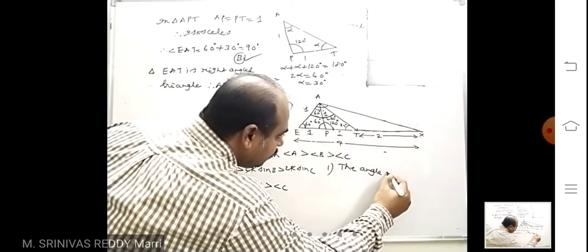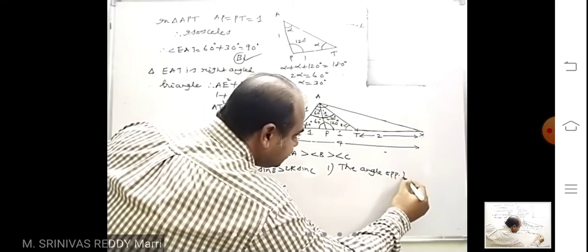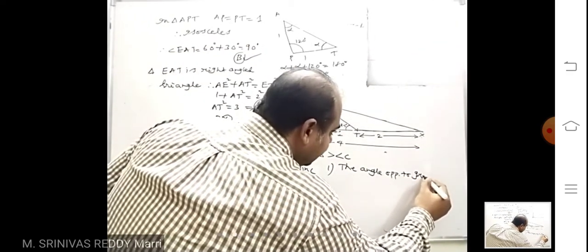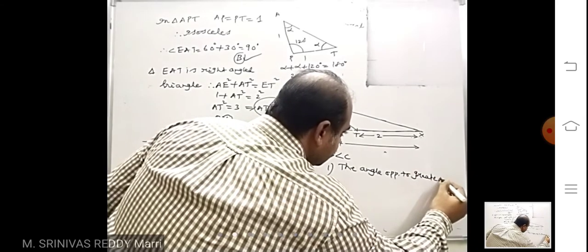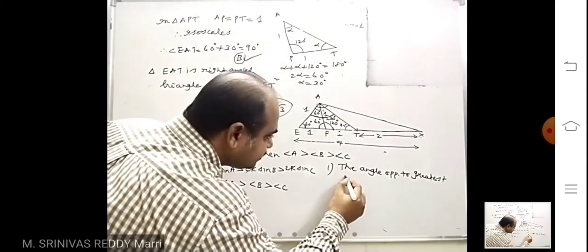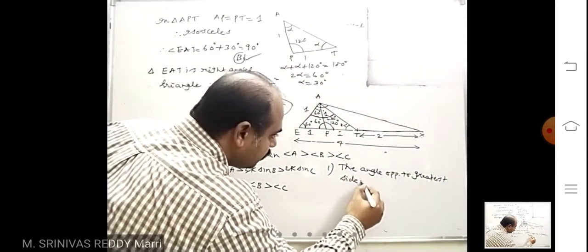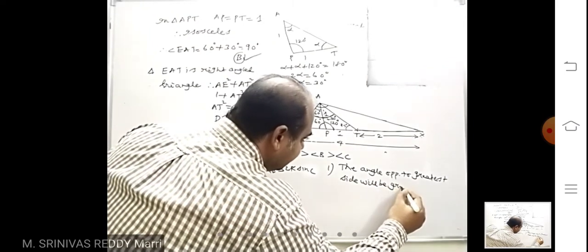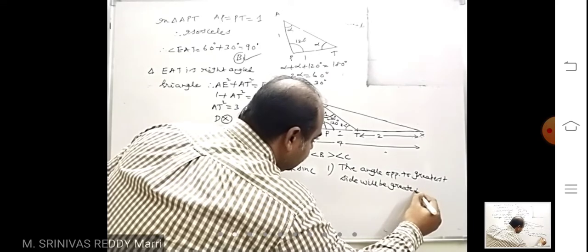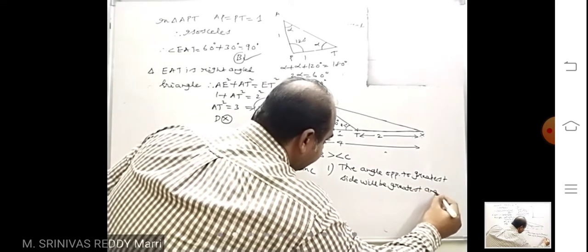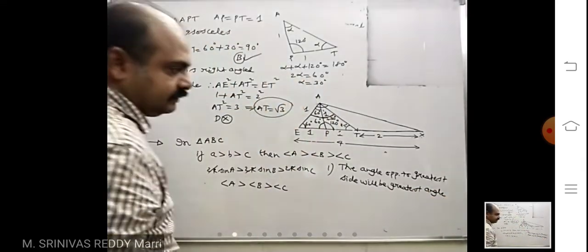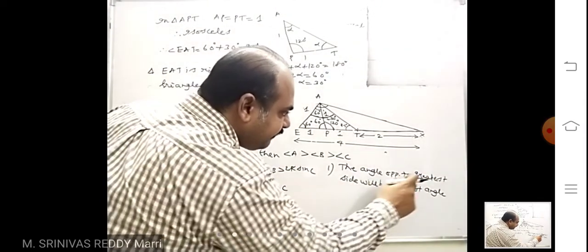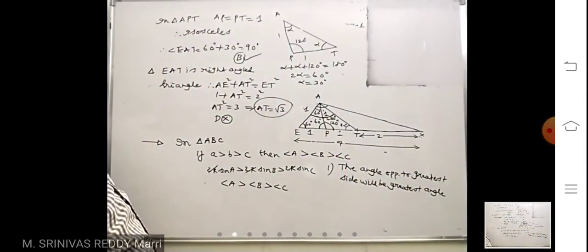The angle opposite to the greatest side will be the greatest angle. The angle opposite to the greatest side means whatever is having more length, that is called the greatest side.